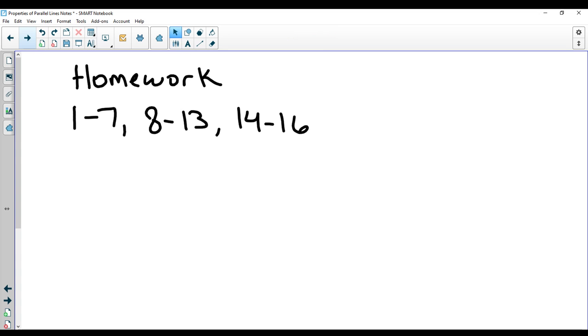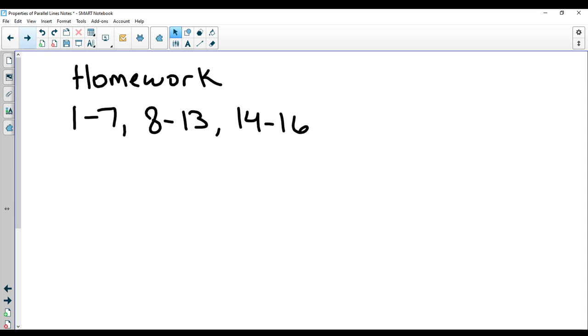Okay. If I'm thinking correctly, 1 through 7 is going to ask you to identify the relationships. So that's corresponding, alternate interior, that stuff. 8 through 13, you're given one angle measure and you have to find a couple of others using those relationships. And then 14 through 16 is like the last example, using some algebra to do it.